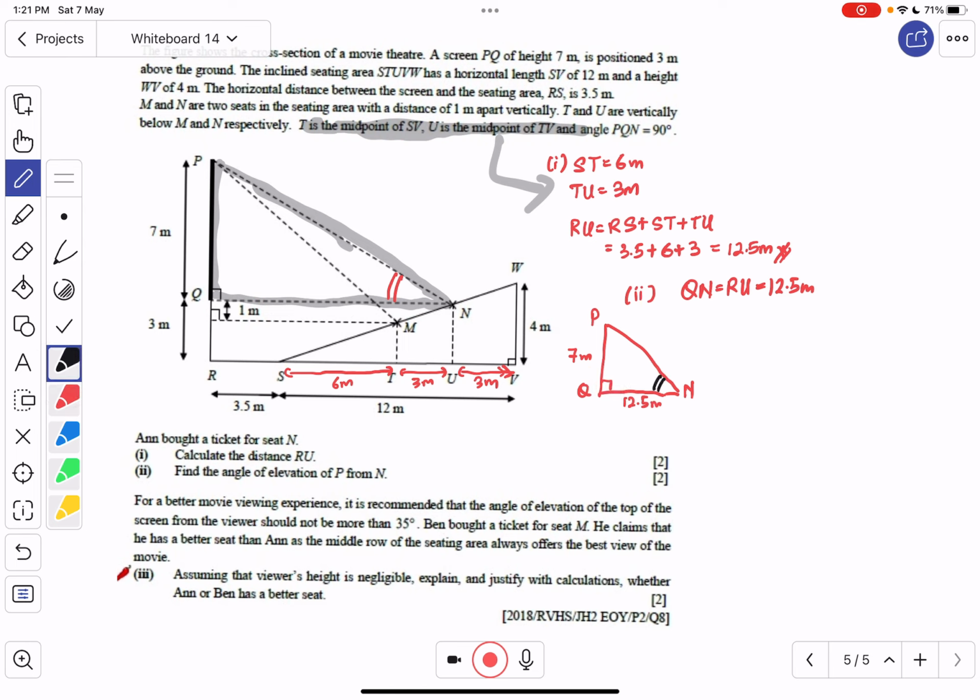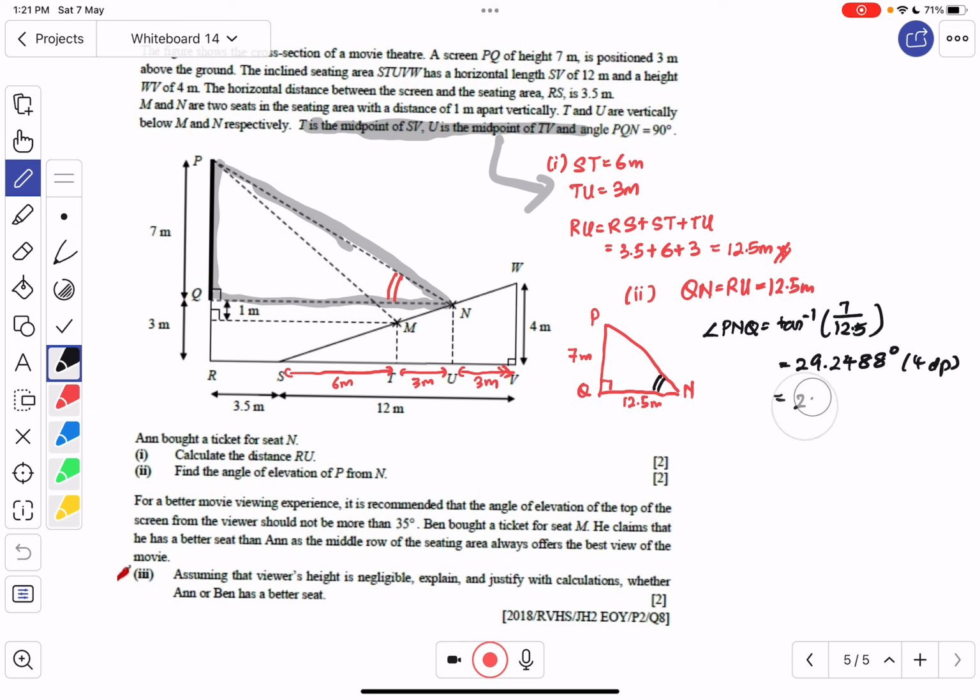Just use SOH CAH TOA, and angle PNQ would just be tangent inverse of opposite over adjacent, which gives us the answer to be 29.2488 degrees to 4 decimal places. It's good to keep 5 just in case.